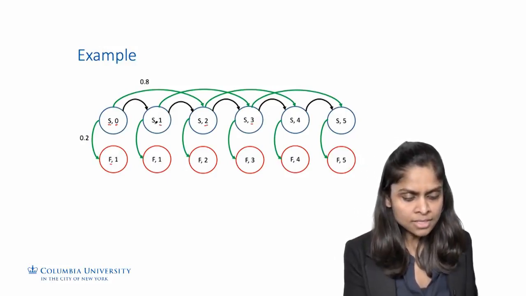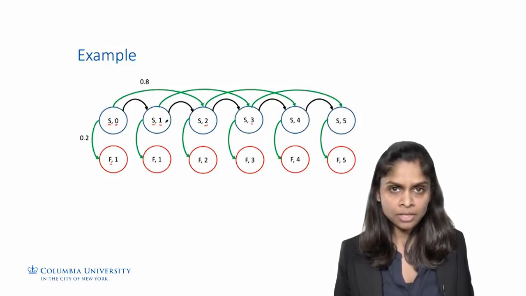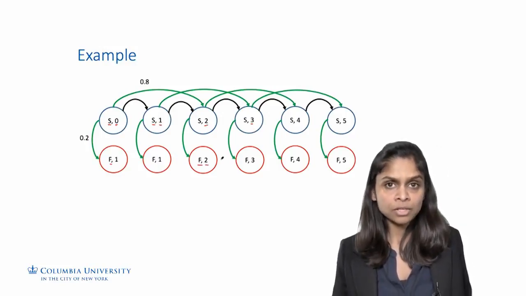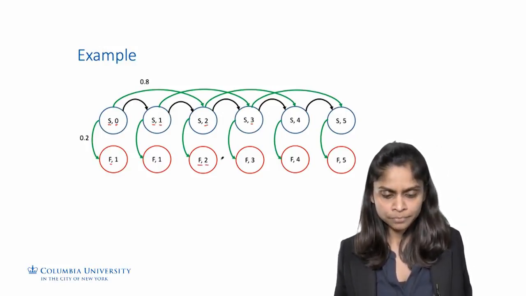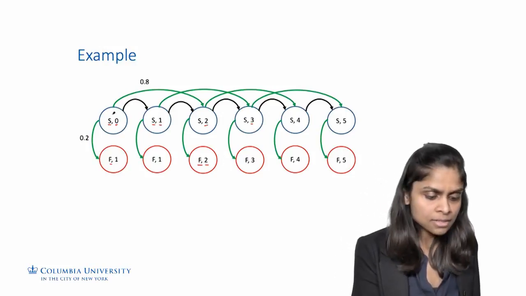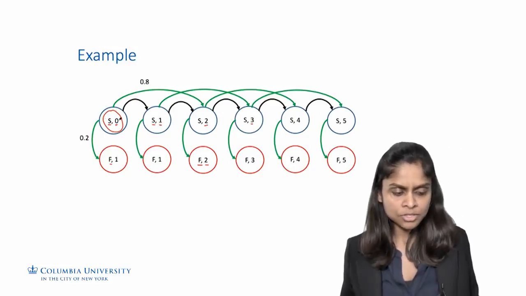So this state S1 here, for example, means that this robot is standing upright in location 1. And the state F2 here means that the robot has fallen down on location 2. Now the robot starts in this standing state in the beginning of the line. So this here is your starting state.